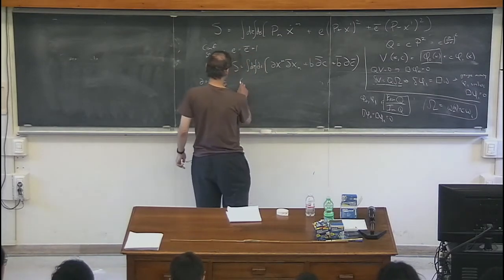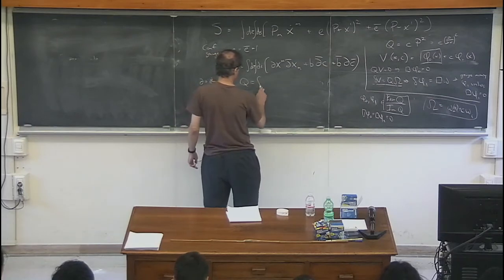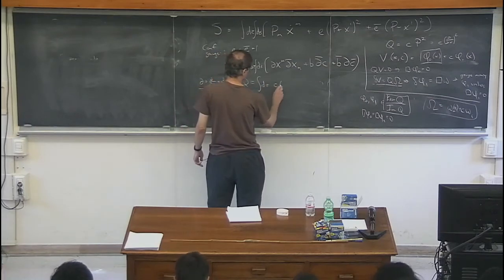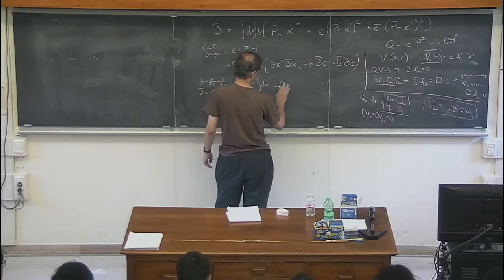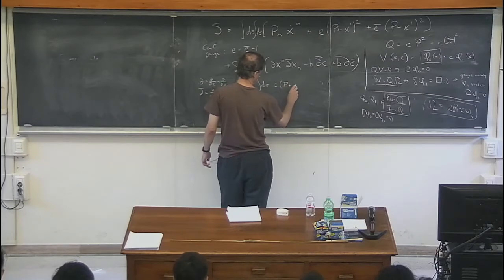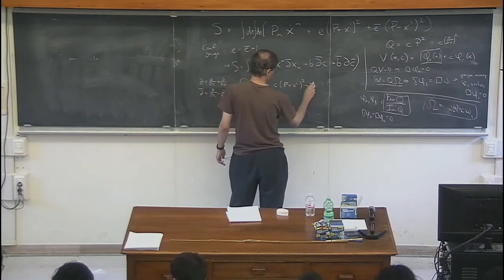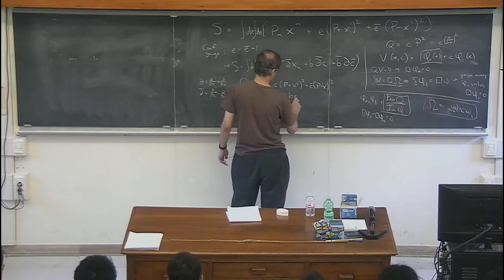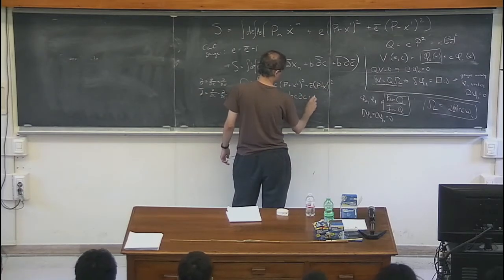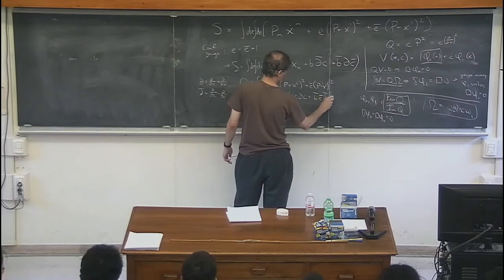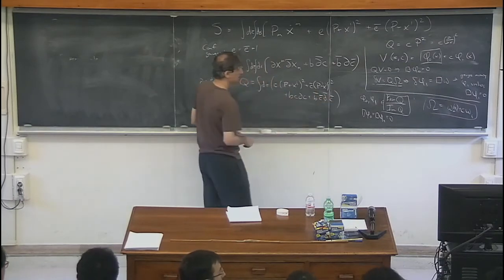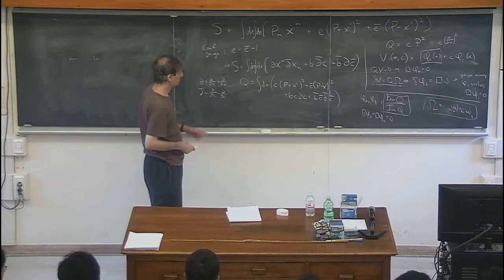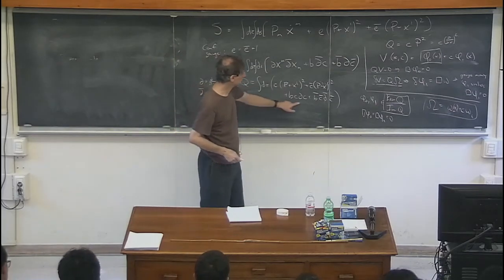And Q is now equal to the integral over sigma of C times, let me write it in this form. So this is the BRST operator.